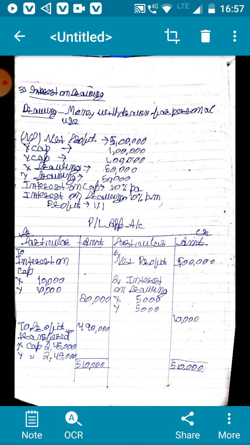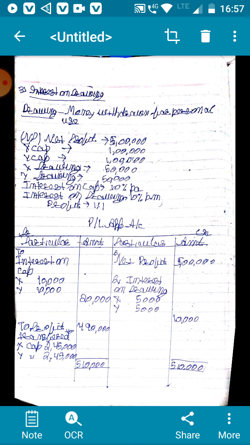So 5,000 we have written. Now 5 lakh profit plus 5,000 plus 5,000, that means 10,000, is 5 lakh 10,000. This side is completed.